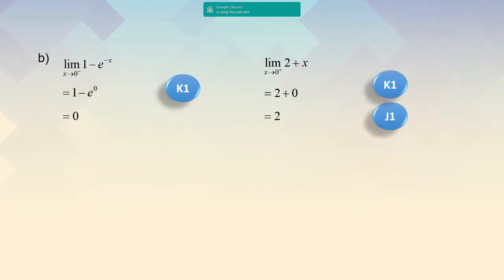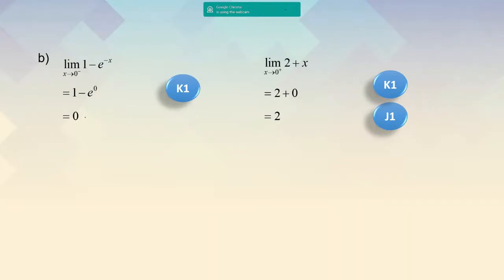For 0 from the left, the limit is 1 minus e to the negative x. Then you directly substitute x equals 0, so 1 minus e to the power of 0, which is 1 minus 1, gives 0. For the limit of 2 plus x as x approaches 0 from the right, you substitute the limit 0 here, and you will get 2.